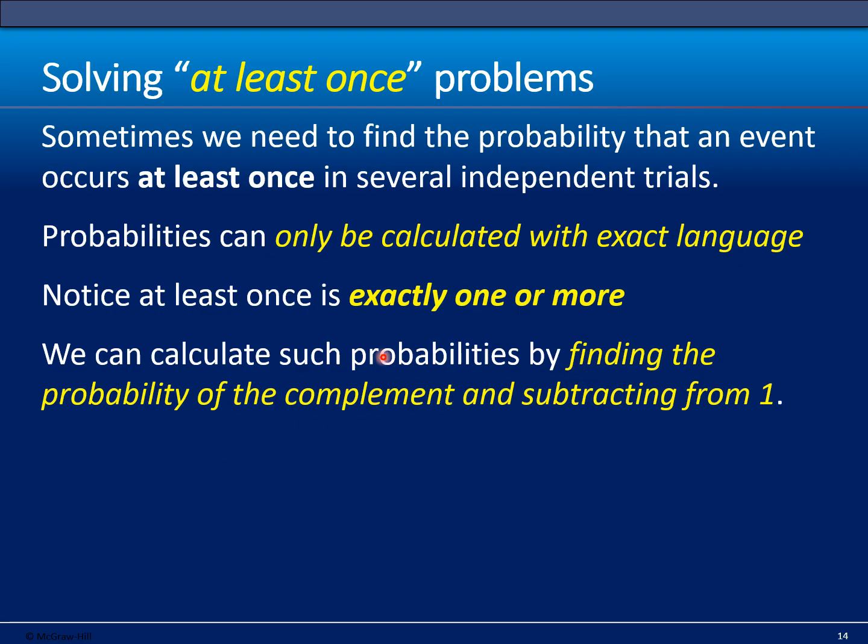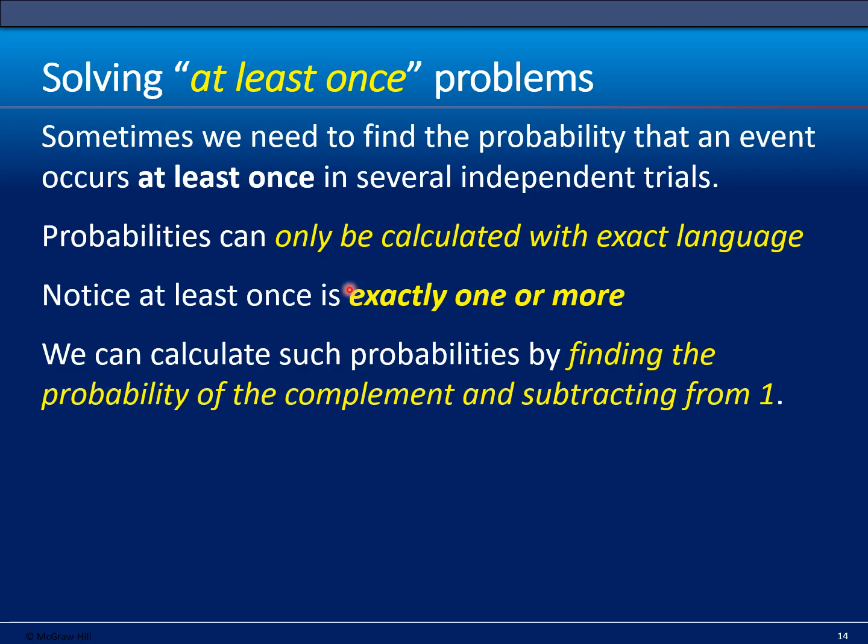This is what the event is not. For example, if we're rolling a die and the event is that we roll an even number, the complement is the opposite of that, everything that's not, and this would be that we would roll an odd number instead of an even number. So if we're looking at exactly 1 or more, notice the opposite is none of those.